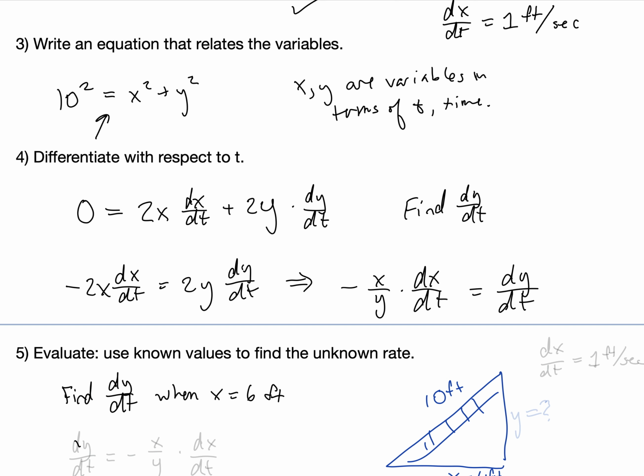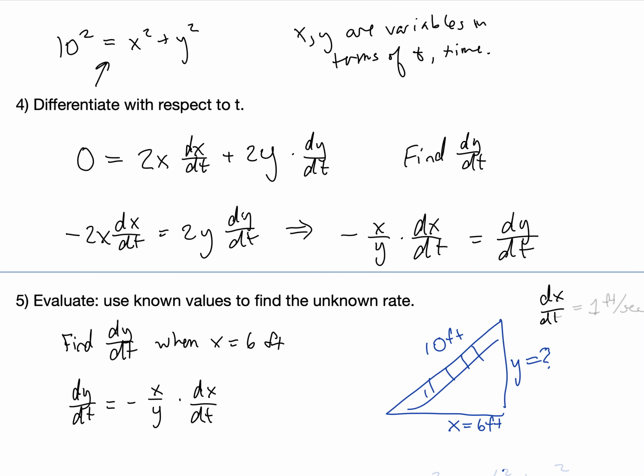So we see that dy/dt is equal to negative x over y times dx/dt. We don't know what y is yet at this point, but we were given the fact that dx/dt was 1 foot per second. All right, so now let's figure out what we know.